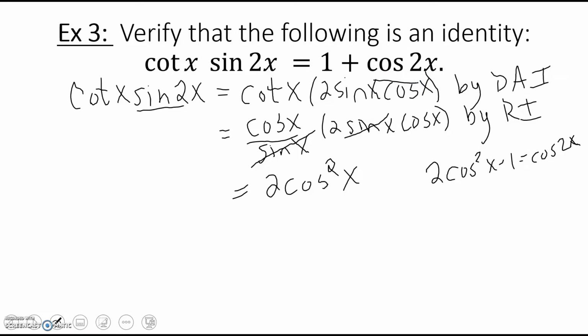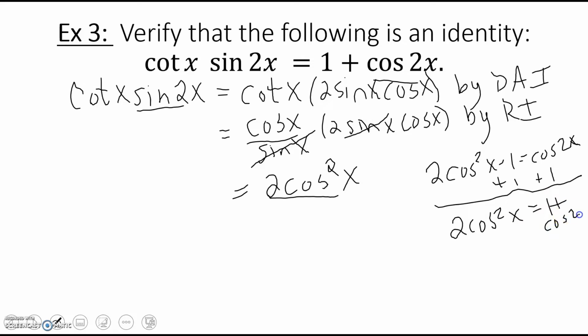So here, if I wanted to get this right here, then I would just add the 1 to both sides. And so you get 2 cosine squared x is equal to, and in this case I'm going to write the 1 first, 1 plus cosine of 2x. So now we can replace the 2 cosine squared x with 1 plus cosine of 2x.